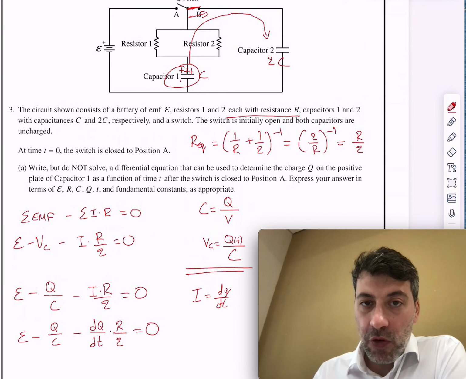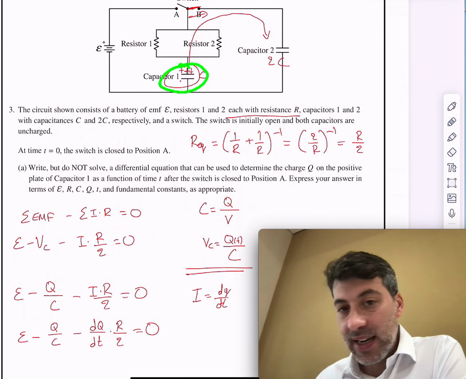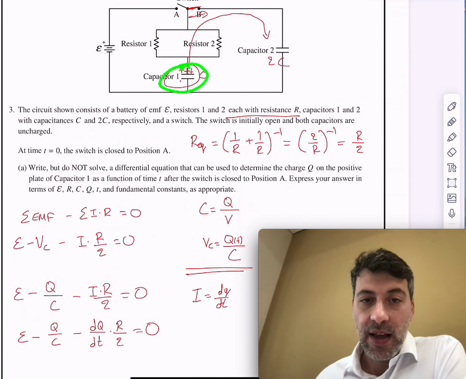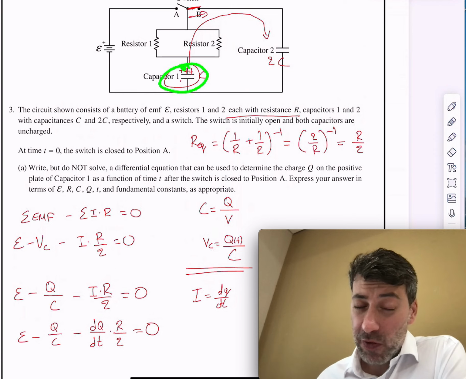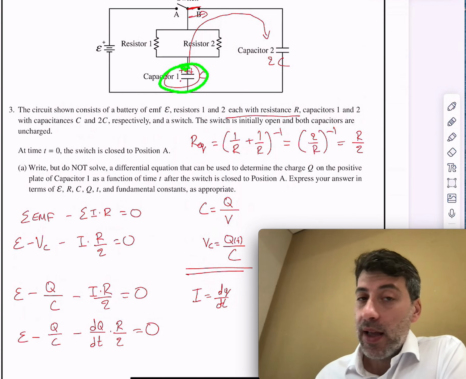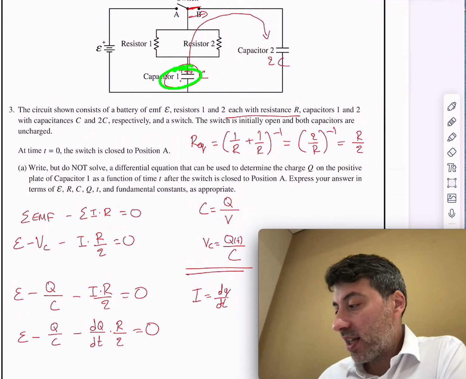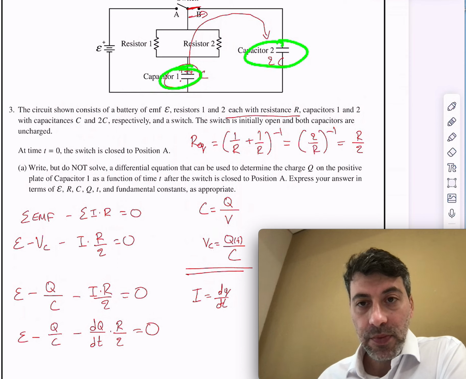Now, just before we turn the switch to position B, the only part that had charge and energy was the capacitor 1. And this means that we need to find the potential energy of the capacitor 1. And then, after a long time, there will be charge on capacitor 1 and charge on capacitor 2.